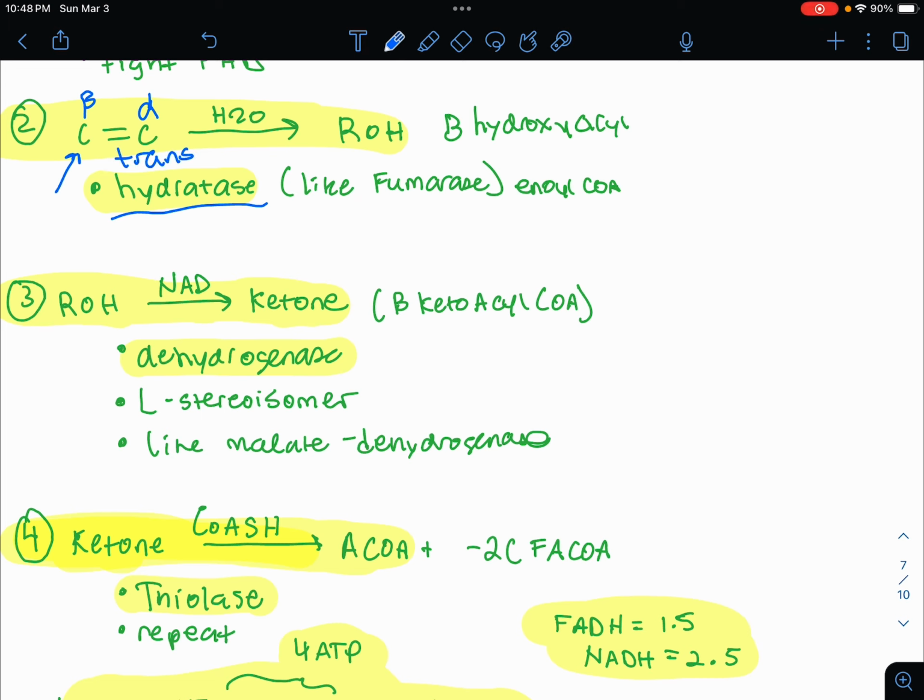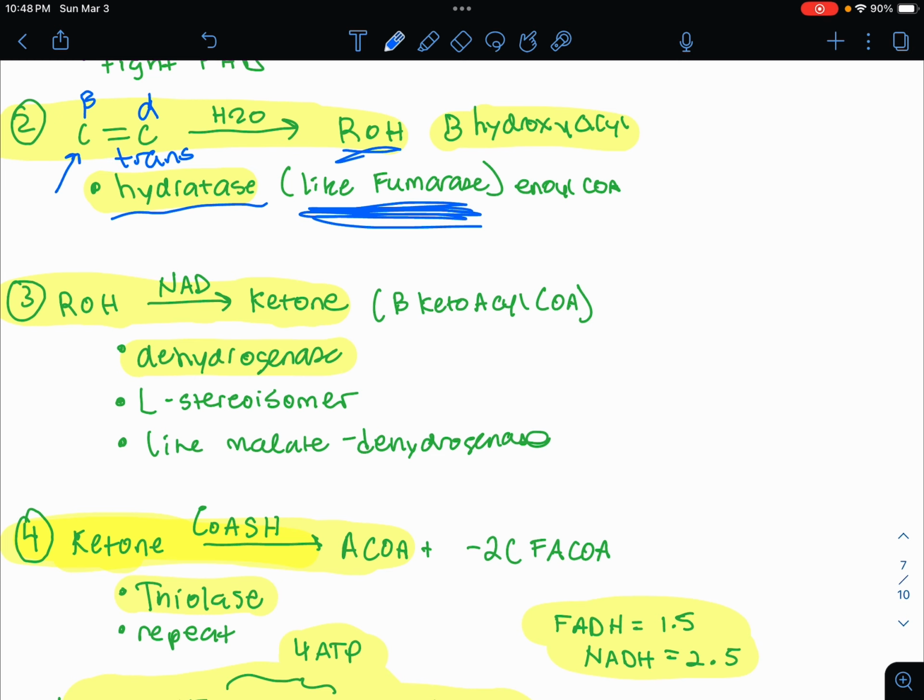And when you do that, you form this beta hydroxyacyl-CoA. This is the product, the beta hydroxyacyl-CoA. This is an alcohol. So we went from this trans carbon-carbon double bond, we added water to it, and now it's an alcohol via the hydratase. This is very similar to the fumarase reaction in the citric acid cycle.